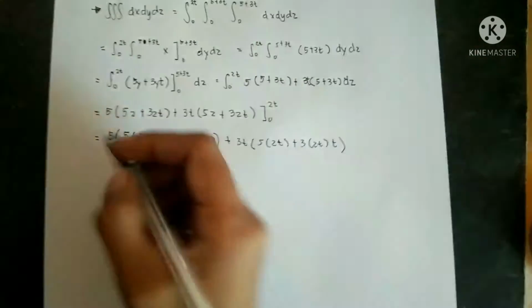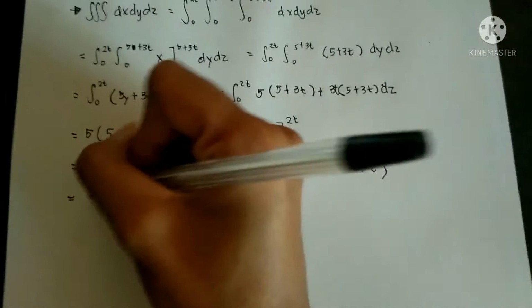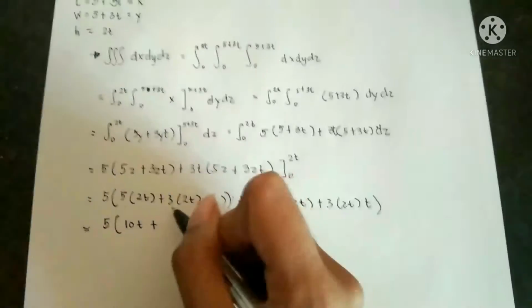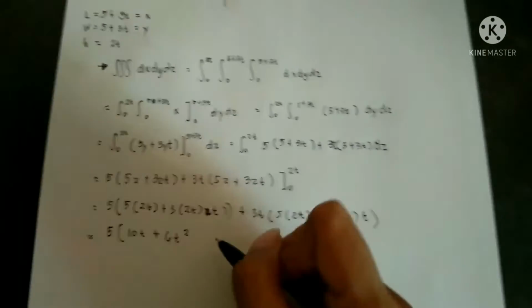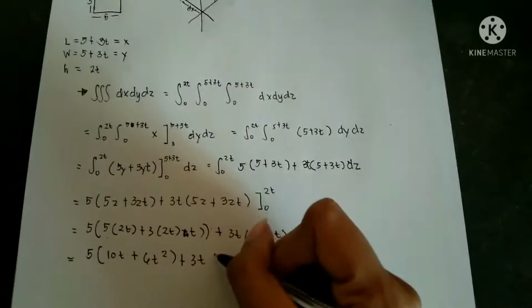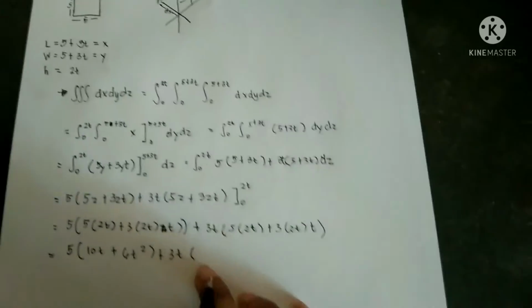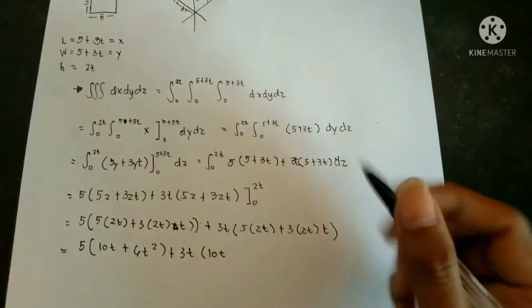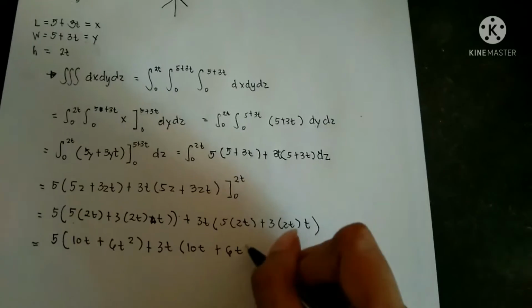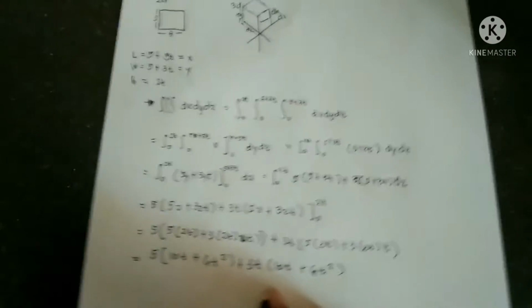So yan. Next, multiply muna natin yung nasa loob ng quantity. So magiging 5 times 2 is 10t plus 3 times 2, 6t squared, plus 3t, the quantity of 10t plus 6t squared. So yan.